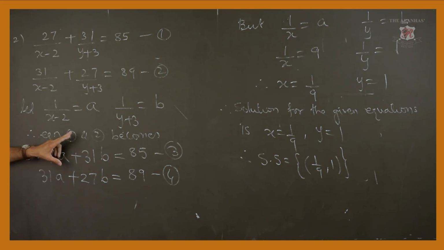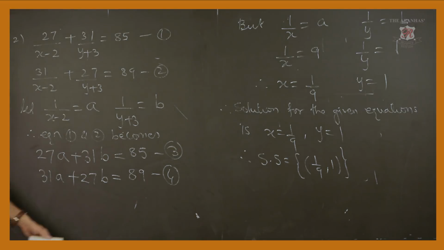If you add the two equations once, then subtract the two equations, you get the simple form of the equation. So, 27a, 27b, 31b, 31a. What I will do is once I will add and once I will subtract.